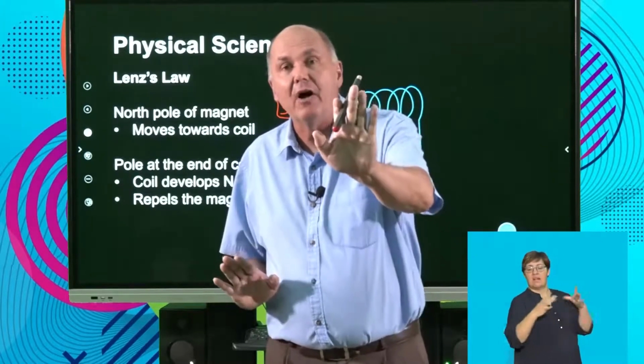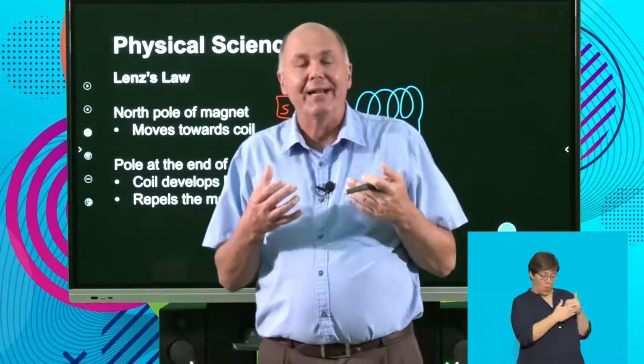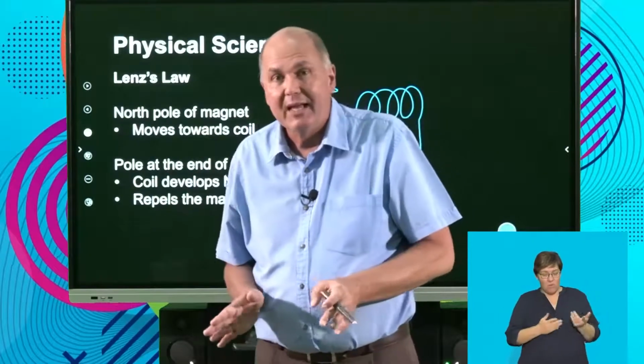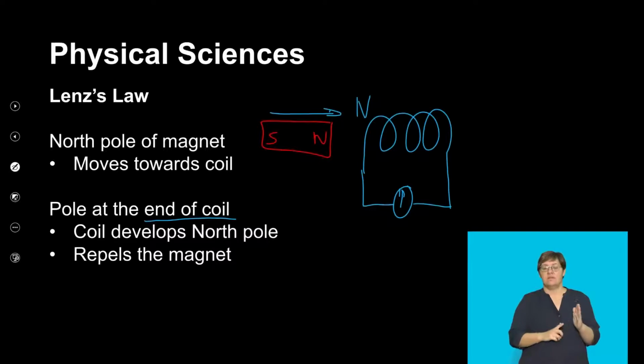Remember, when it's far away, the magnetic flux is low. As it comes closer, the magnetic flux is getting bigger because there are field lines passing through the middle of the coil. And we want that to be reduced. So it's going to repel it. And so as the North Pole moves towards the coil, what happens to the pole at the end of the coil? Well, it's going to develop a North Pole because North repels North.